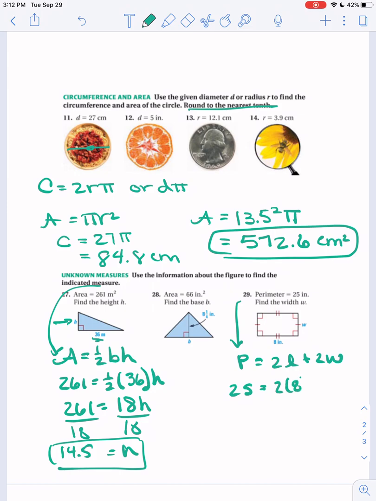And what we don't know is the width. So I'm just going to simplify a little bit here. 2 times 8 is 16 plus 2w. Now we just got a two-step equation. Subtract 16 from each side. Looks like we're going to have 13, and then divide. Let's do that. Divide each side by 2. It looks like it's going to be about 6.5.